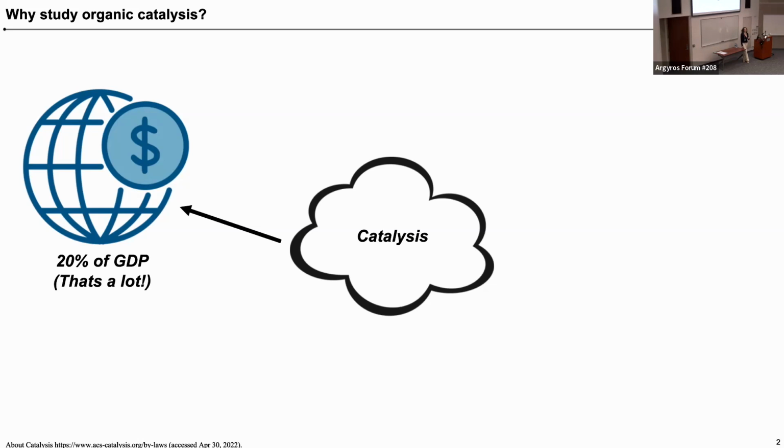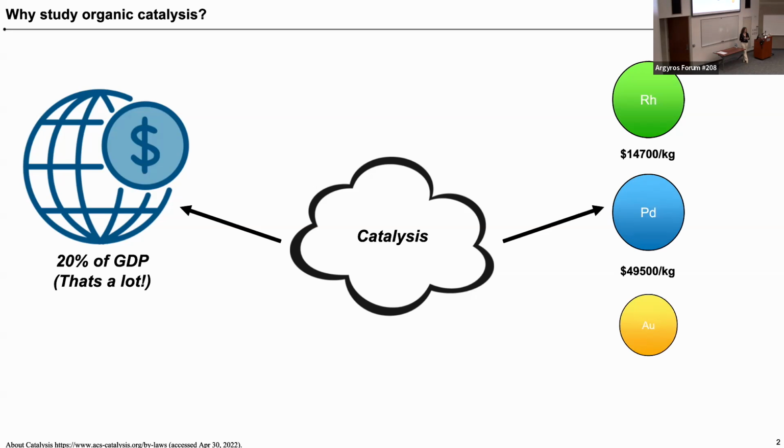But for organic catalysis, particularly, as you have probably heard from the previous organic presentations, the standard right now is transition metal catalysts, which are expensive, rare, and very toxic. Here are a few common ones and their price per kilogram: rhodium, palladium, and gold, really expensive.